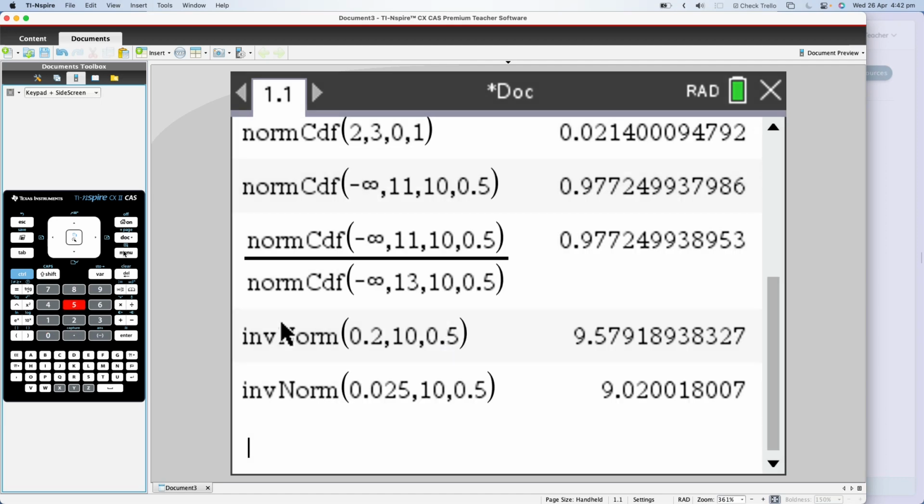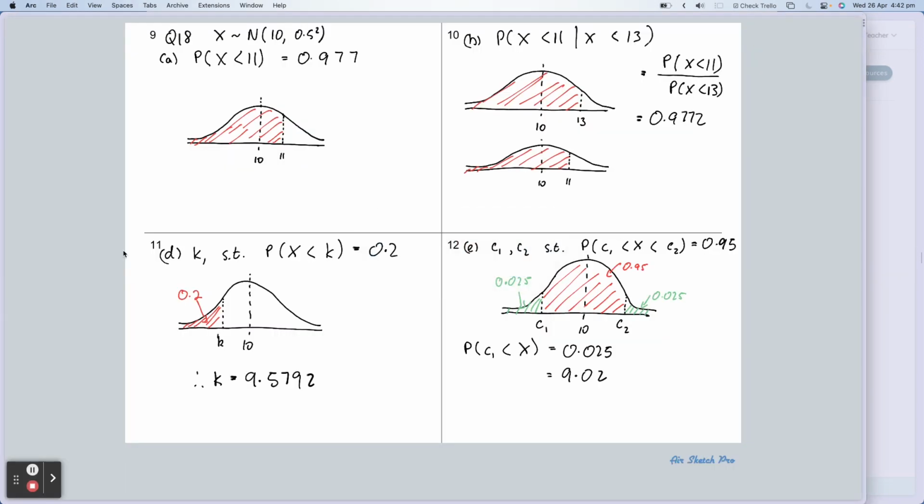And I press OK. And I get 9.02 and a bunch of other decimal places there. So I think I'll leave that as 9.02. I'm just going to write that down before returning to my screen. Okay, so the probability of X less than C1 equals 0.025 means that C1 is equal to 9.02.